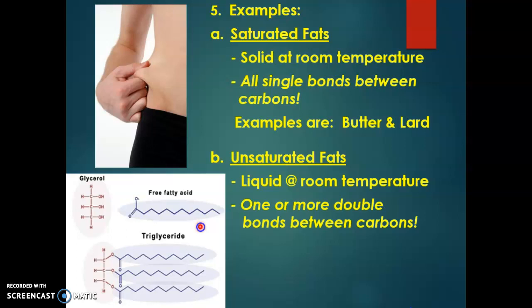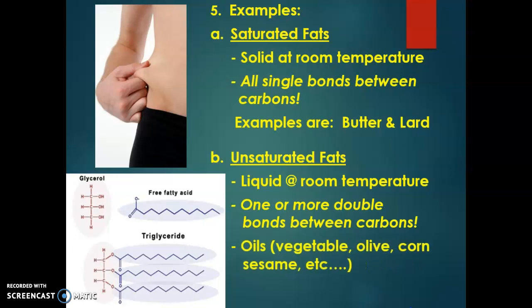When that happens, you're increasing the distance between the fatty acid tails, as well as between one triglyceride and another, which makes the molecules less dense, so they're going to remain liquid at room temperature.